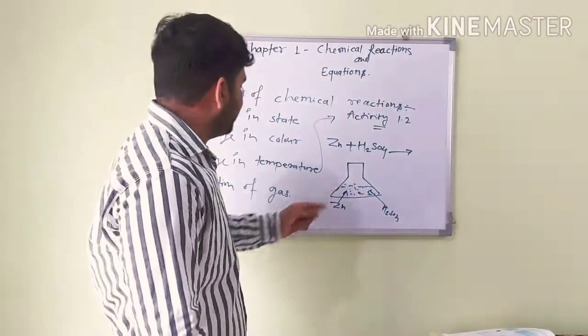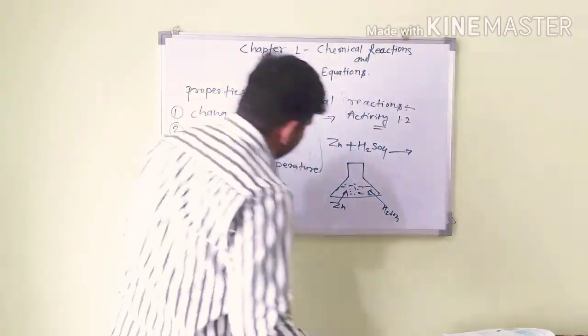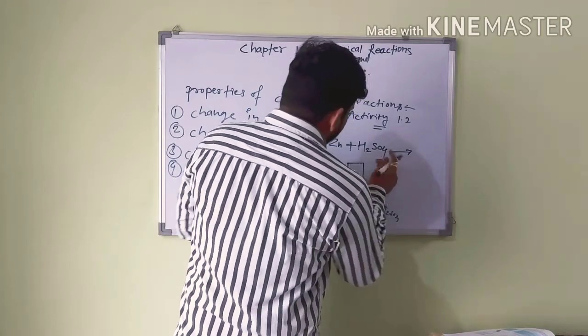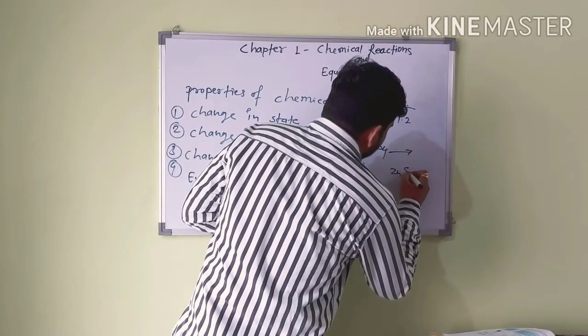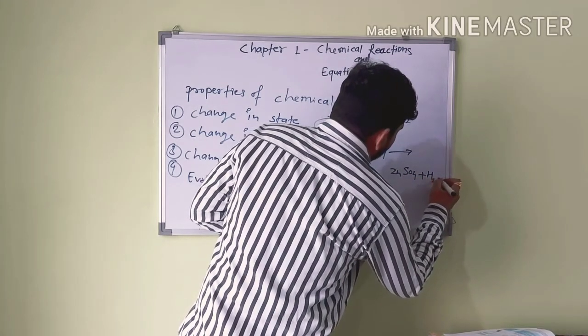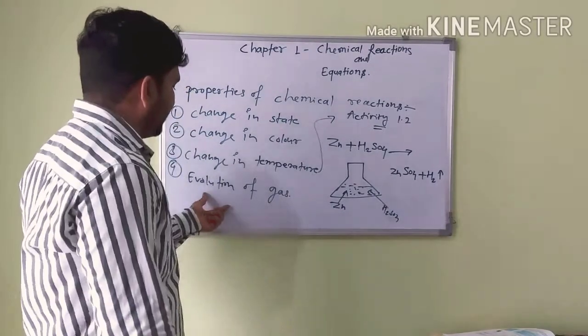It is an example of change in temperature through the chemical reaction. Also, when we complete this reaction, it makes zinc sulfate and hydrogen gas is released. So this is the last example, evolution of gas.